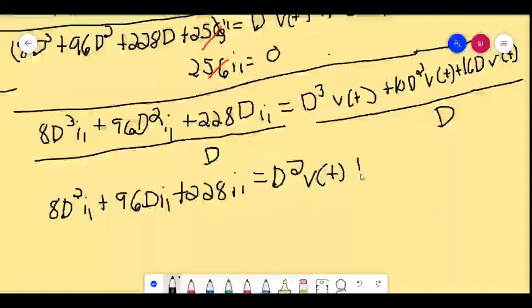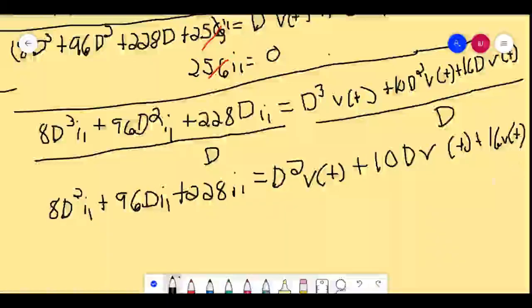I divided that by d, the d cubed becomes d squared. Then we have plus 10 dvt plus 16 vt.